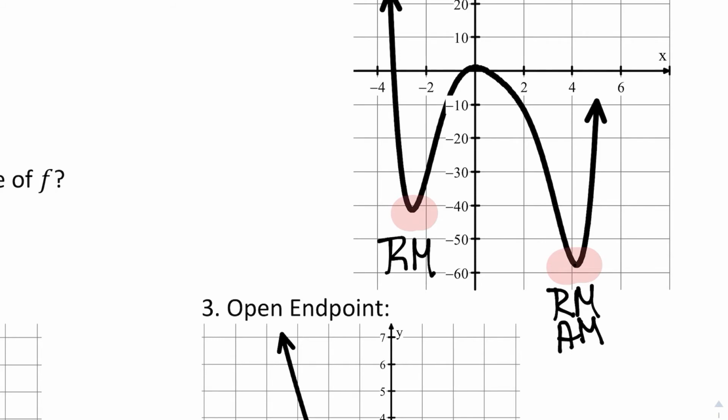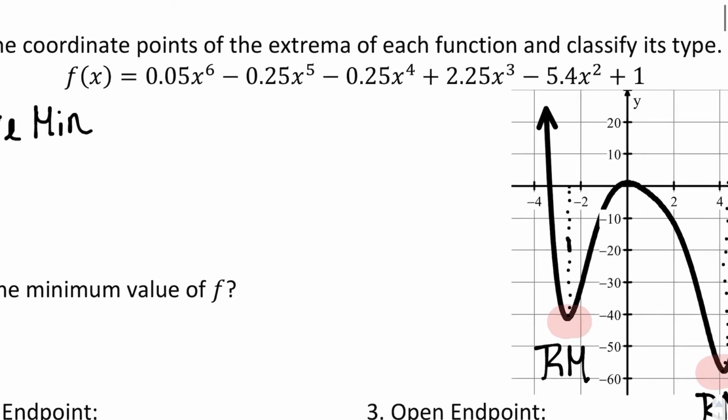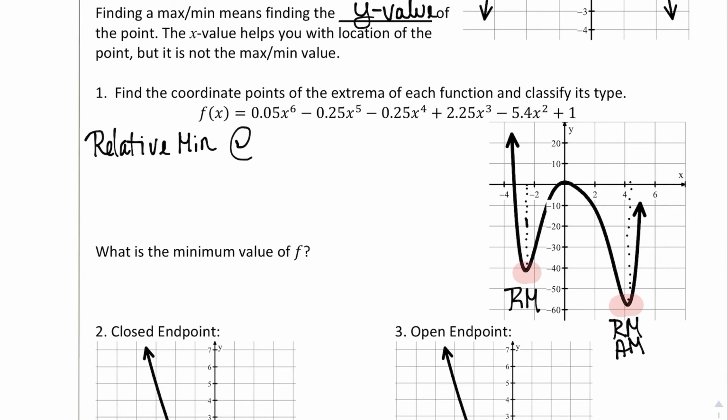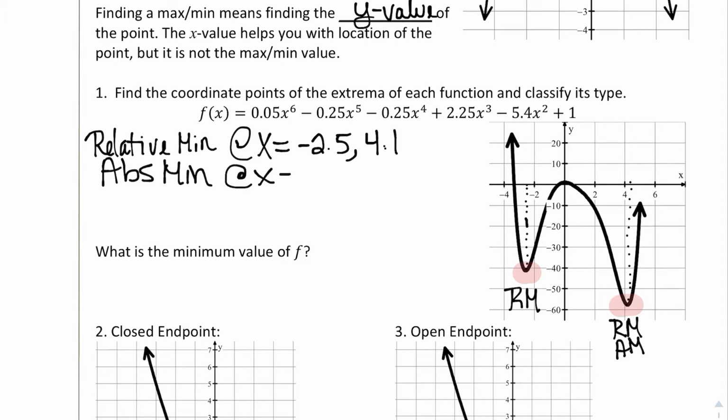So we would say we have a relative min at x equals -2.5 and 4.1, and the absolute min would be at x equals 4.1.